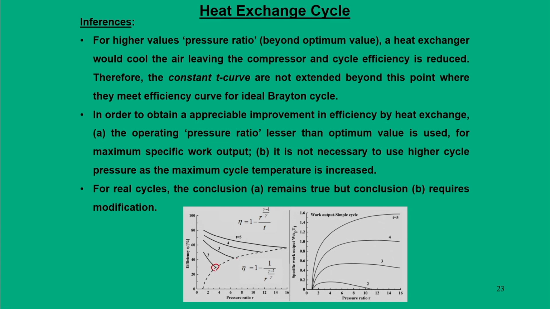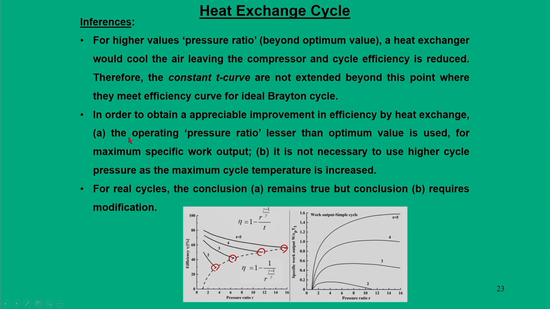Beyond these locations, normally these curves are not extended, because it will have a different interpretation: the heat exchanger will not play its role. That means the air leaving the compressor would be cooled instead of getting heated. So, finally, to obtain appreciable improvement in efficiency by heat exchange, there are two possible situations.